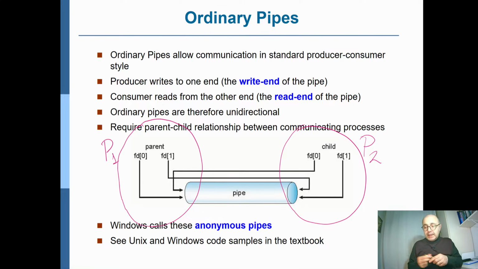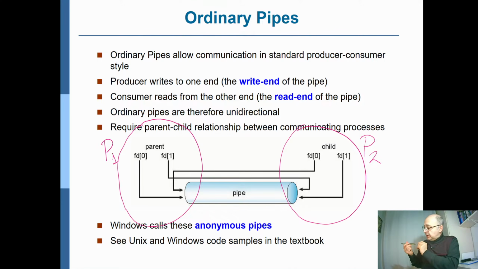Now, remember, this is the pipe between me and my child process. If we both try to write from the same end and read from the same end, it wouldn't work, and we have actually two pipes.